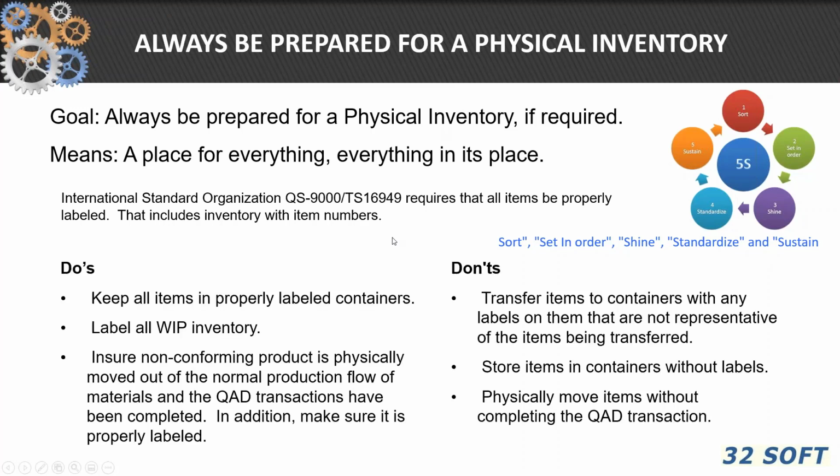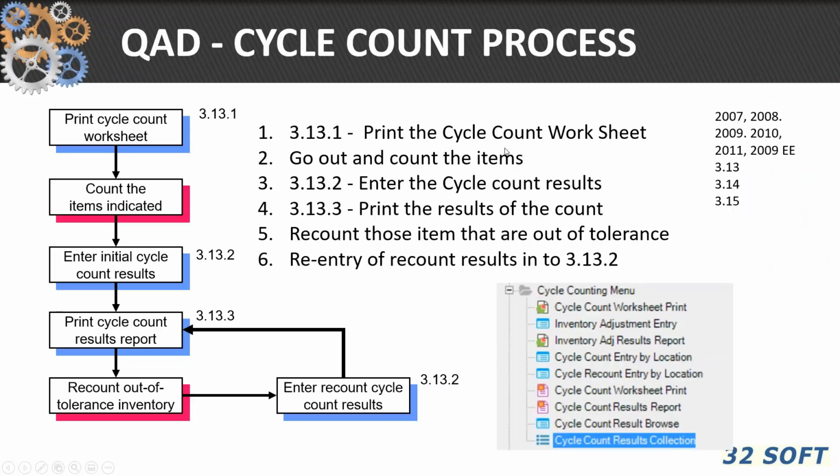Make sure that inventory is visible, that everything is labeled in inventory, that you don't transfer parts without it being recorded in QAD, that all of the items in the containers have labels. So this is basically the first rule of both physical control and cycle counting.